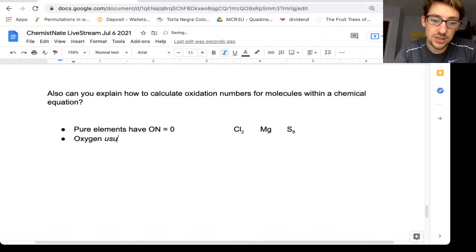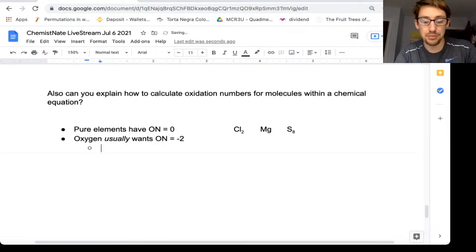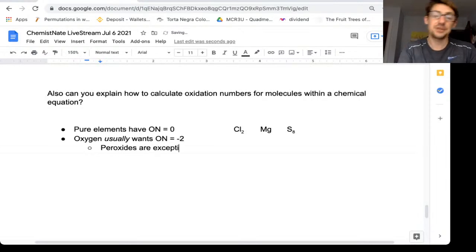The rule that teachers usually give is that oxygen usually wants a charge of -2. But then teachers will say that peroxides are the exception. But then you have to know what a peroxide is, right?